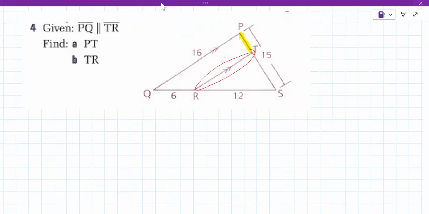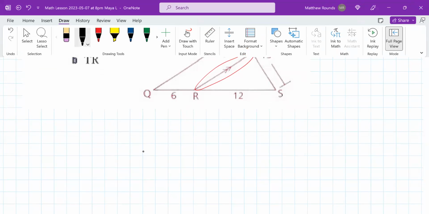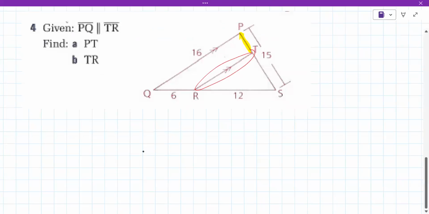Anything come to mind? Well, if they're similar, the angles are still going to be congruent. That's right. These angles are congruent, and you've got some angles down here congruent. Then you can find the ratio of sides also. Yes, bingo.